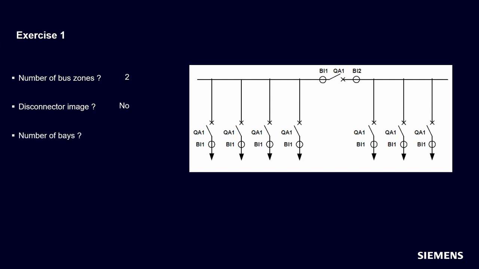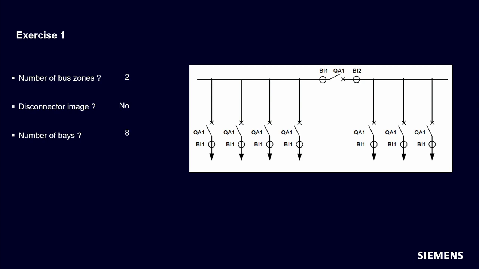How many bays do we need? Will be interesting. There are 8. Let's count. See 4 feeders on the left side of the coupler, the 3 feeders on the right side of the coupler, and for the complete coupler, even if it's a coupler with 2 CTs, we need only 1 bay.